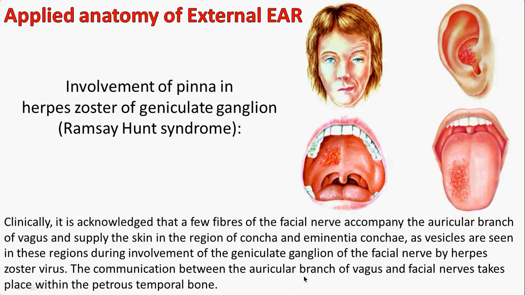The communication between the auricular branch of the vagus and the facial nerve takes place within the petrous temporal bone. You can see these types of vesicles. Because there is involvement of the geniculate ganglion by the herpes zoster virus, this is called Ramsay-Hunt syndrome.